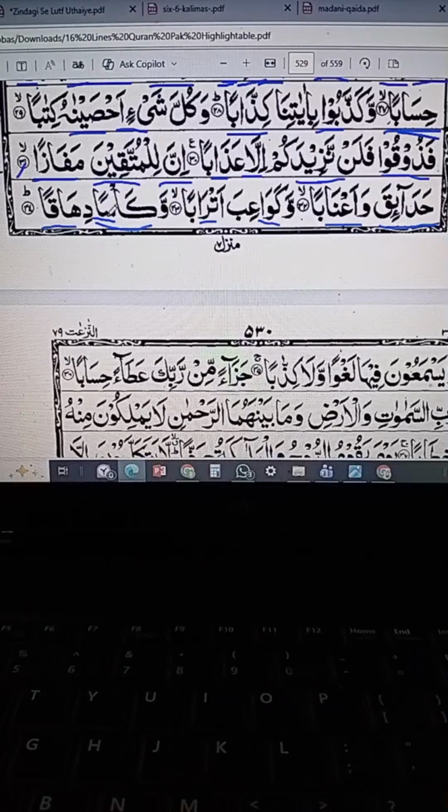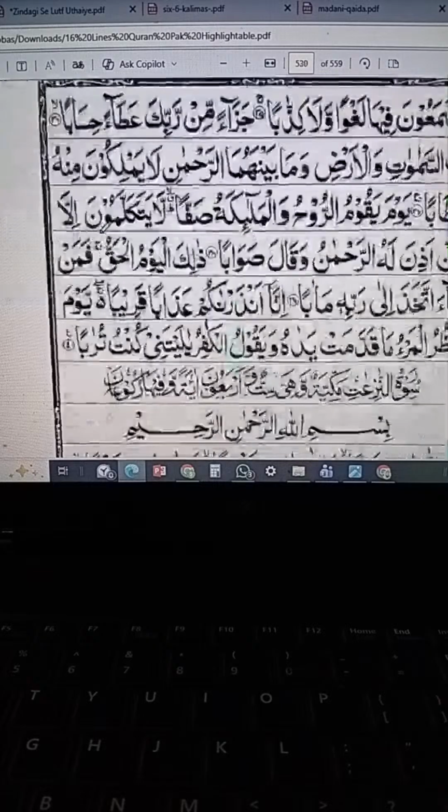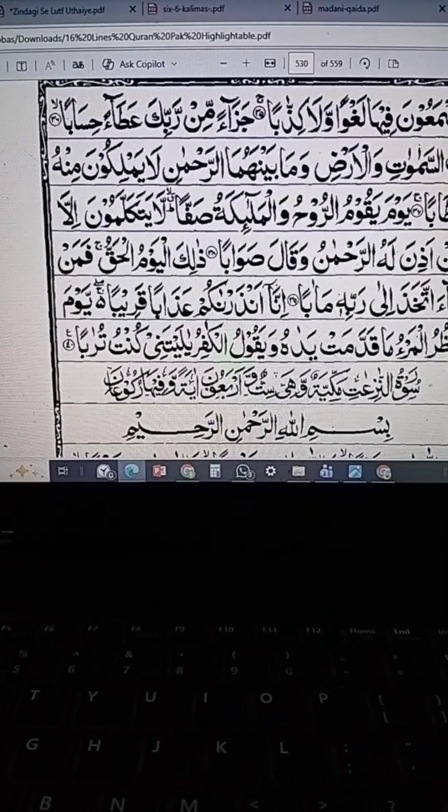So after tanween, if we find that dal, this is from the letters of ikhfa, we have to do gunna. We have to take the sound in our nose. Wa ka'san dihaqa. In the next ayah, we will try to find out.